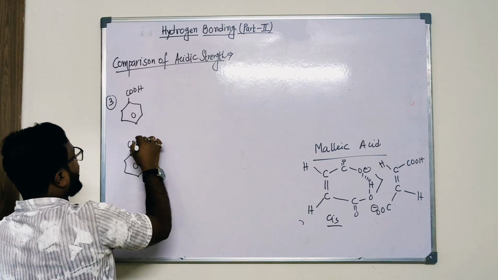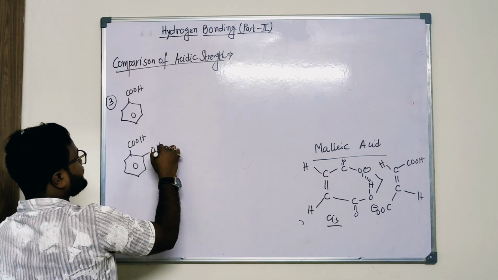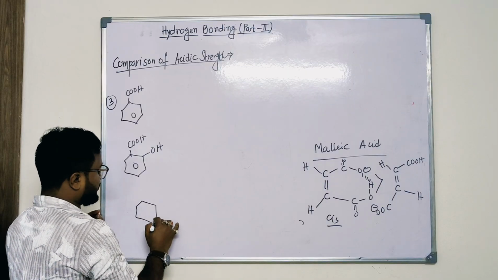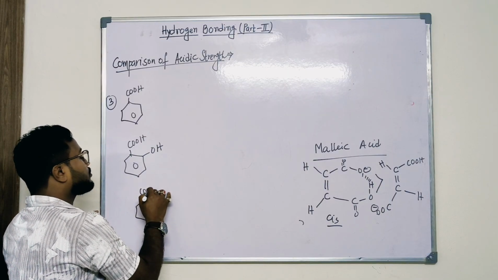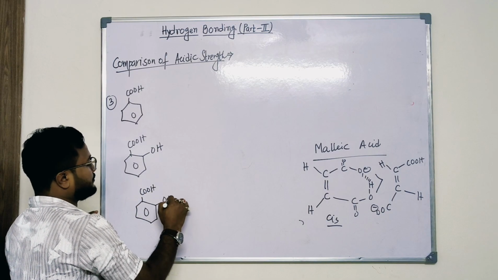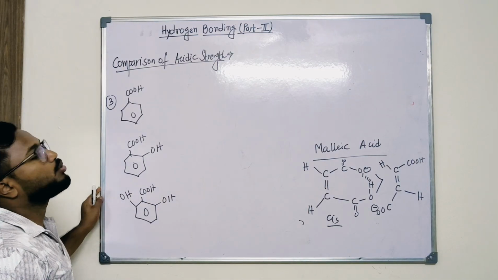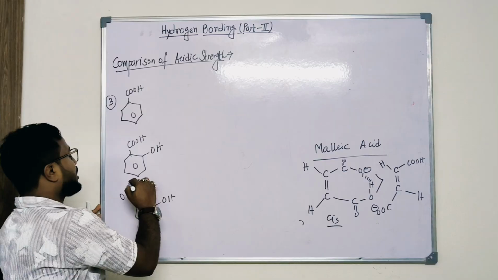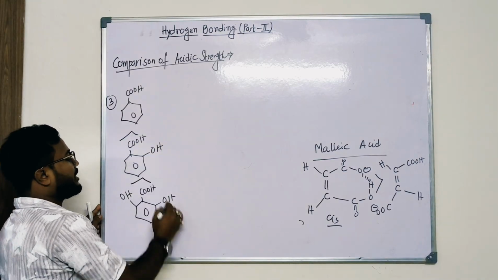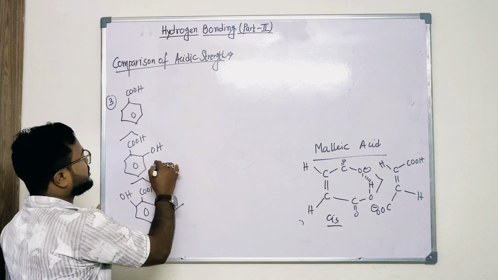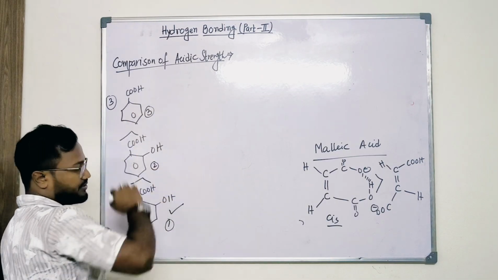Now, ortho-hydroxybenzoic acid or salicylic acid. Another one is where two OH groups are connected in the ortho position. The question is, which is most acidic? The last one is most acidic. Why? Here the chance of hydrogen bonding is more. This is highest, this is second highest, this is third highest.